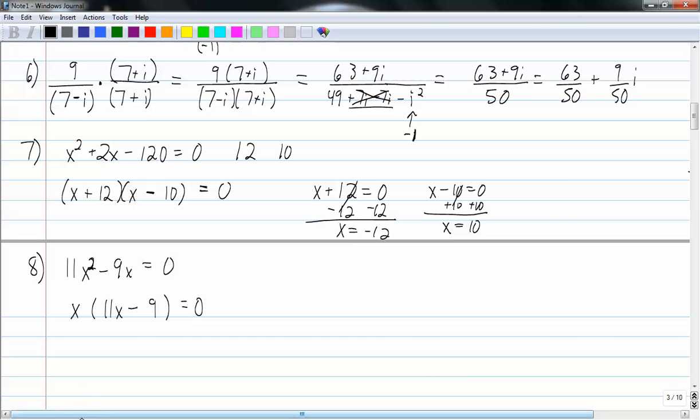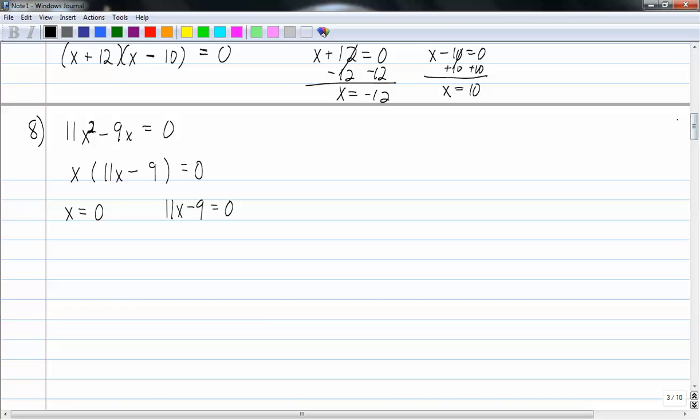Alright, so now I have the product of these two factors equals 0. So I can apply the zero product principle again. So x equals 0. Well, that one's really easy to solve. And then 11x minus 9 equals 0. There's no work on the first one, so one of our answers is going to be x equals 0. The second one here, solve for x.